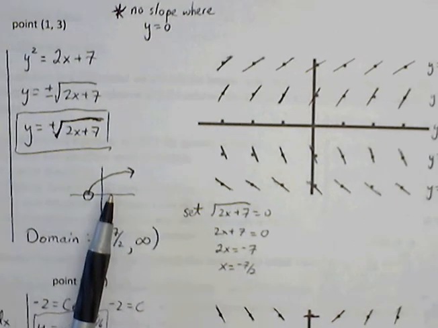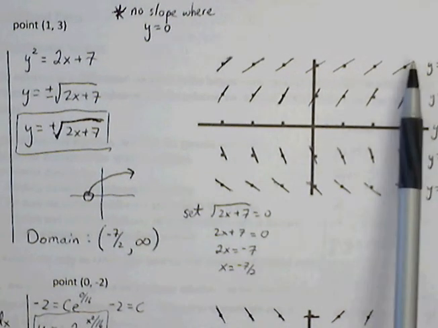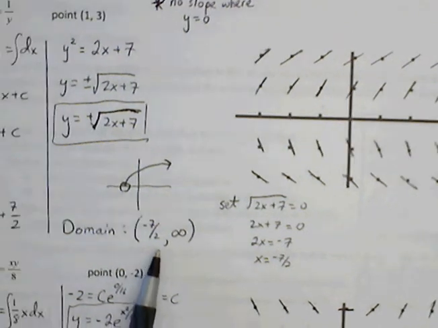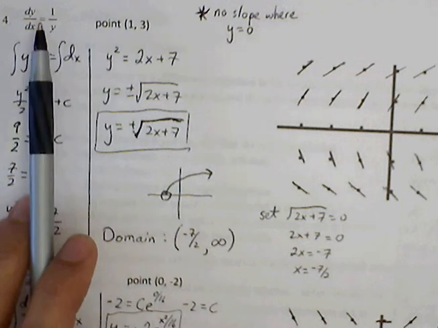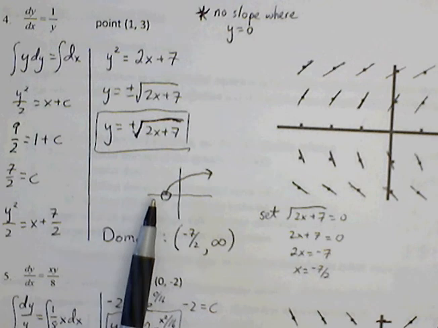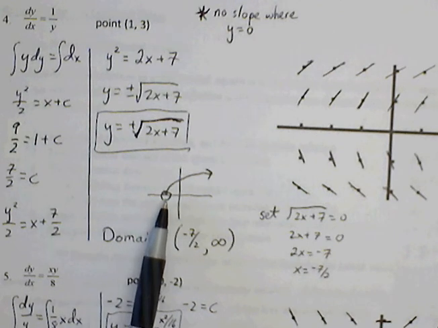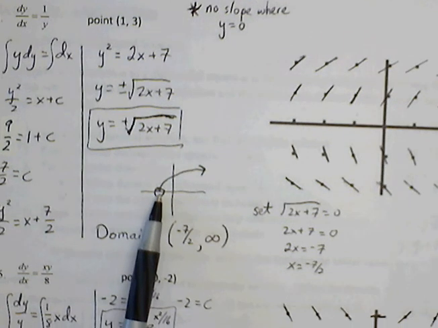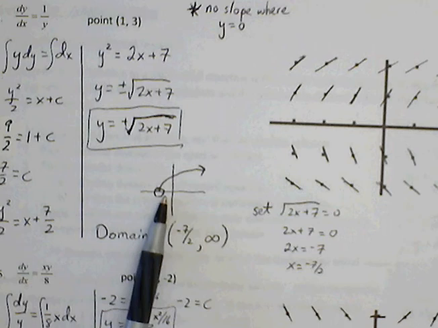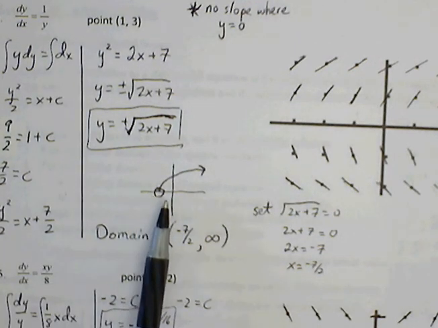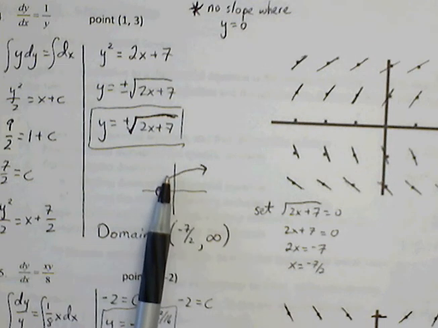However, when we find the domain, we have to keep in mind the restriction from this differential equation. This differential equation says that we can't have a y of 0. If we have a y of 0, then that is where the differential equation is not going to exist. So we have to make the adjustment based off of this restriction. We know that y cannot be equal to 0, but we can have the graph reach every point until this specific x value.